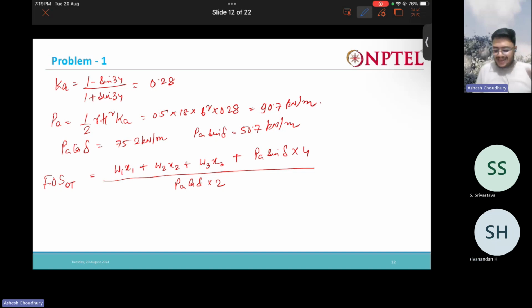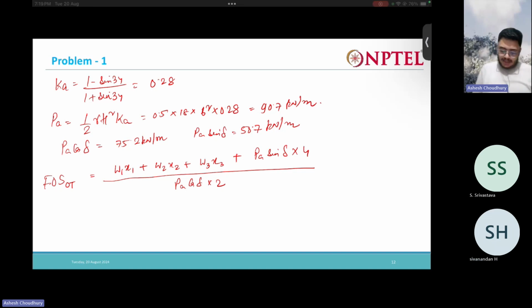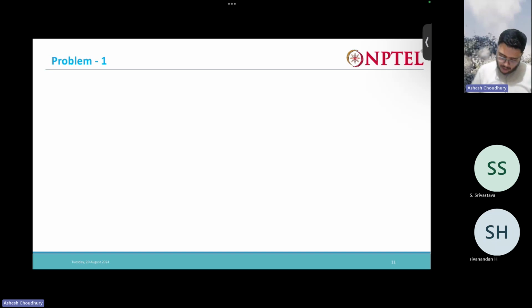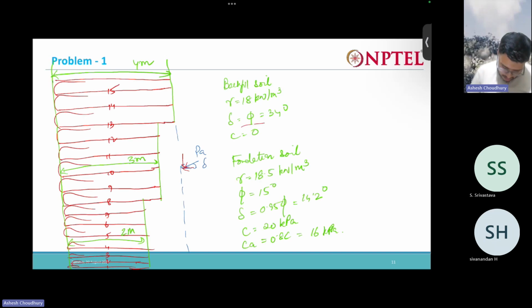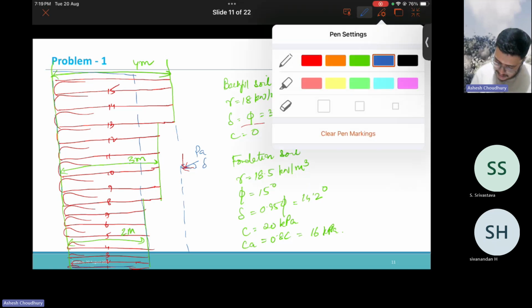Now see, what are W1, W2 and W3? W1, W2 and W3 are the weights of these blocks. Let me color it.